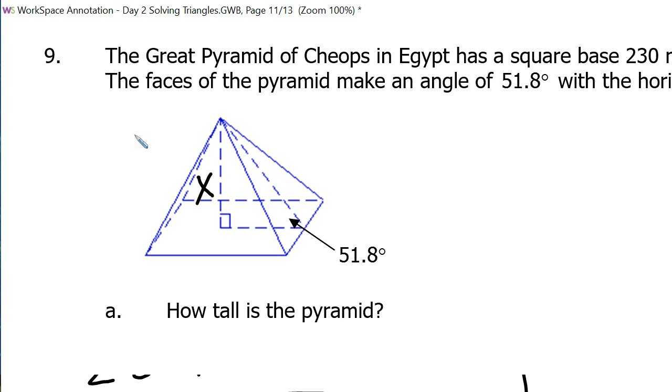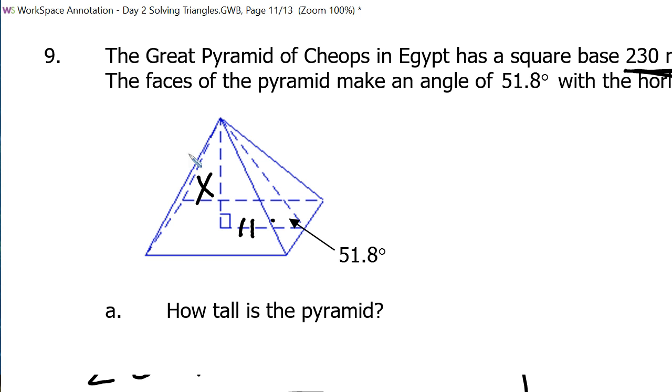If I want to know how tall, oh, I need one more piece. They did give us another value. They said that the length of the square base is 230 meters. So from here to here is 230. So what would this distance have to be? Half of that, which would be 115.